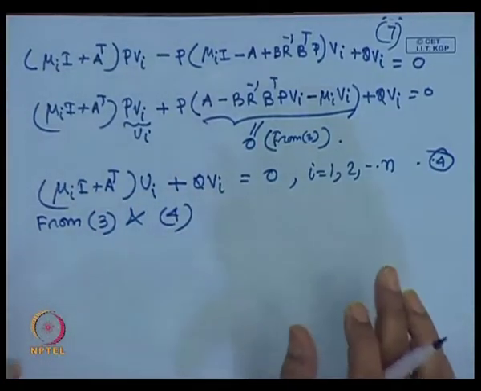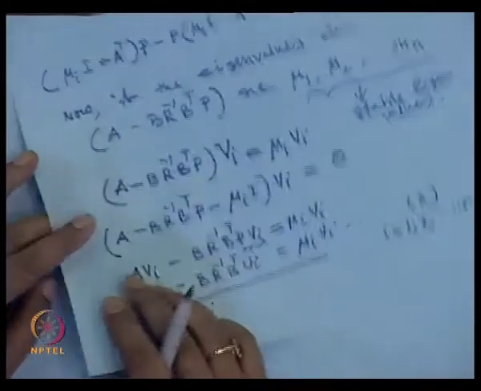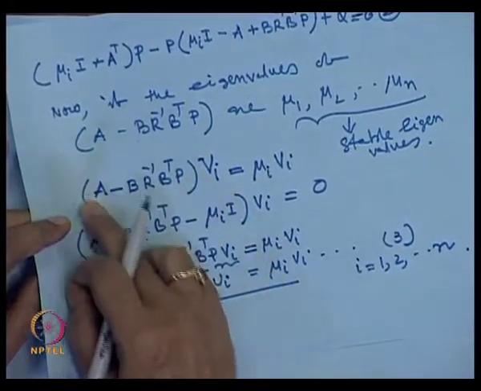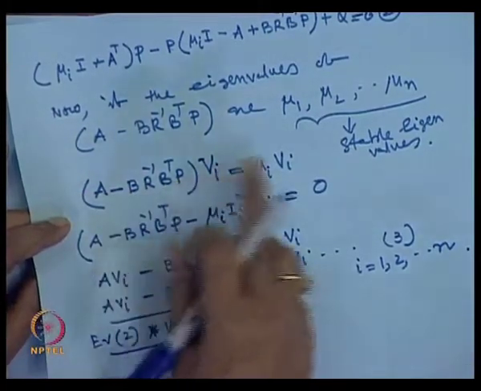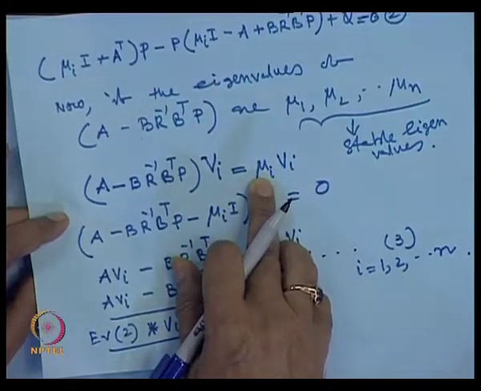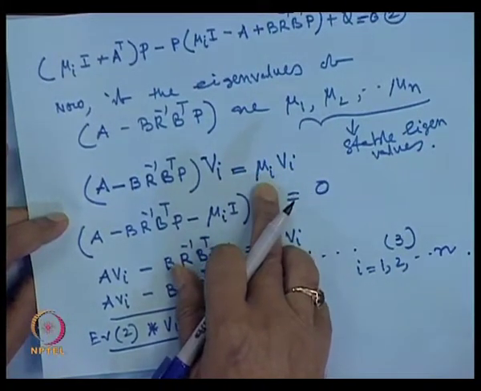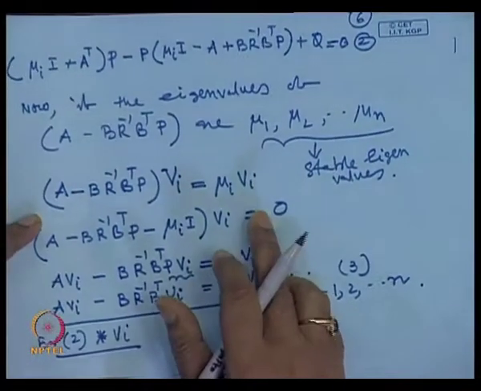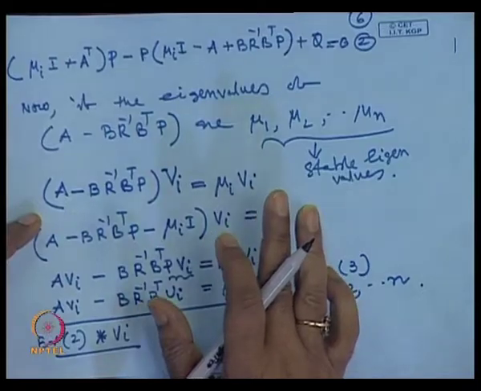Note, V I is what? If you recollect, V I is the eigenvector of the closed loop system matrix corresponding to eigenvalue mu I. This is the eigenvector, and what is mu I? Mu I is nothing but the stable eigenvalues of the Hamiltonian matrix.